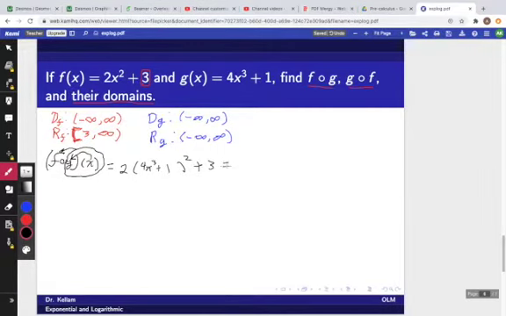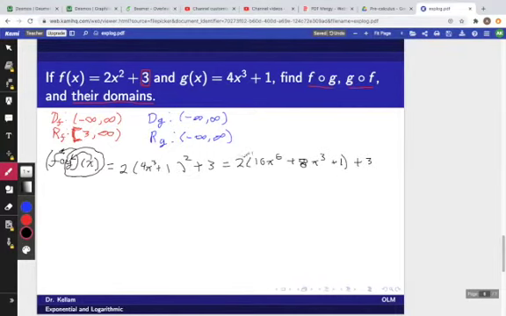Here I can expand that out, and that would be 2 times 16x to the 6th plus 8x cubed plus 1, and then plus 3.